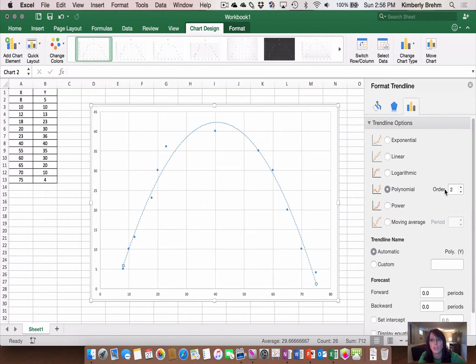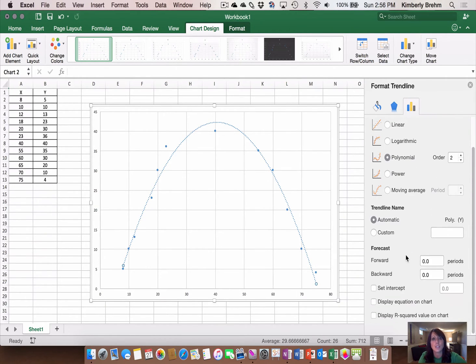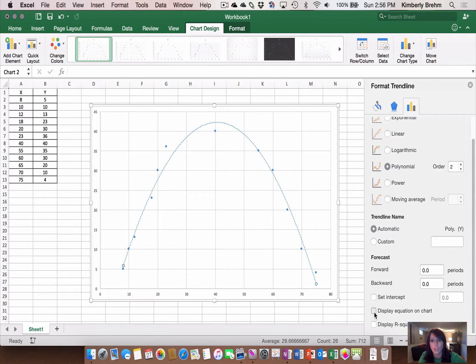So polynomial degree of 2 gives me a parabola, in this case an upside down parabola. In addition, I want the equation displayed on the chart. Notice down here, very small on the bottom, they have given me that equation.